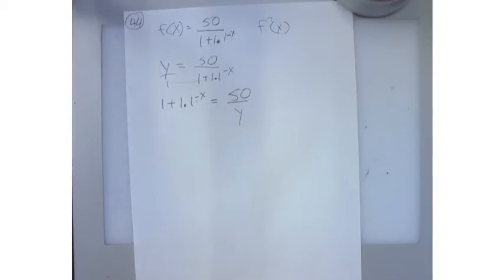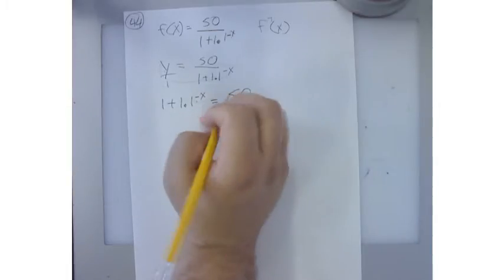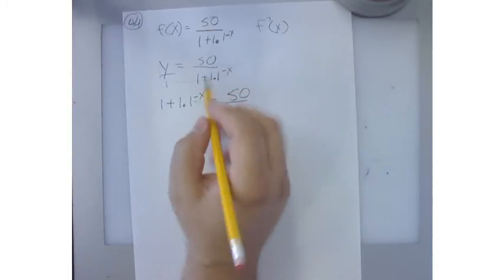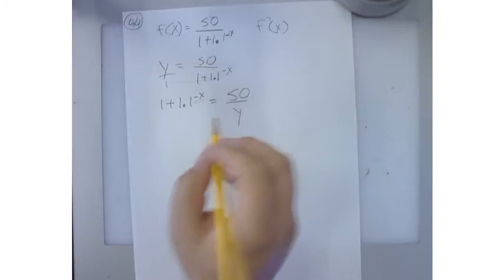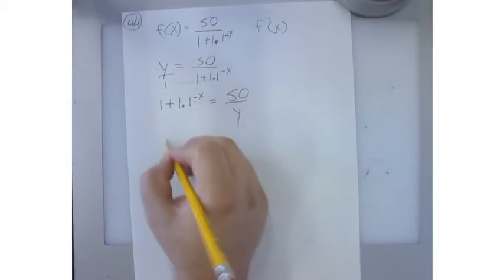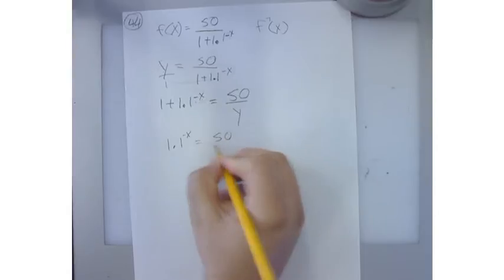All right, so now here's the thing. If we take the log of this, we want to get this x. What's bad about this problem is we have this x way up here as a power of 1.1. So what I want to do is subtract 1 from both sides, and I get 50 over y minus 1.